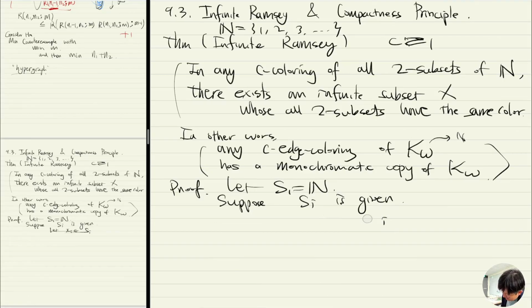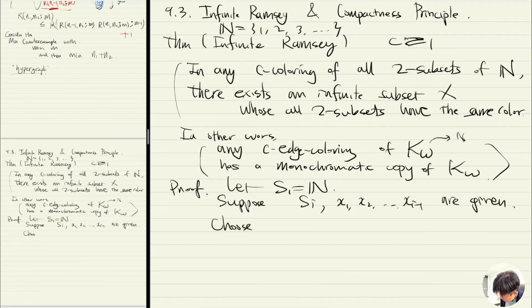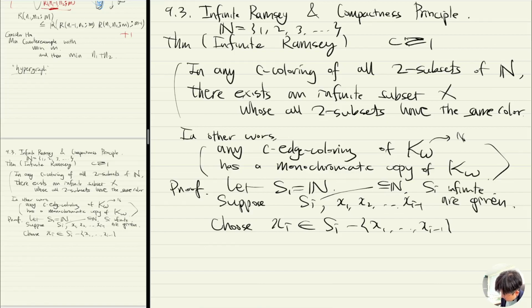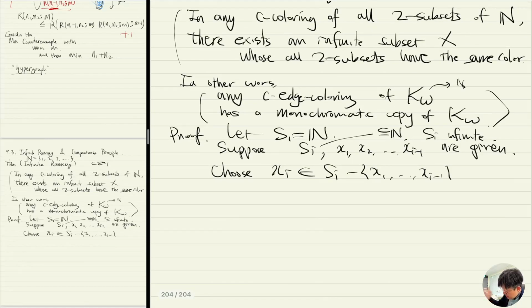Okay, let me say it more precisely. Suppose x1, x2, up to x(i minus 1) are given. Choose xi in Si. By the way, Si is a subset of n, and Si is infinite. Since Si is infinite, I can find an xi which is not equal to x1 up to x(i minus 1).